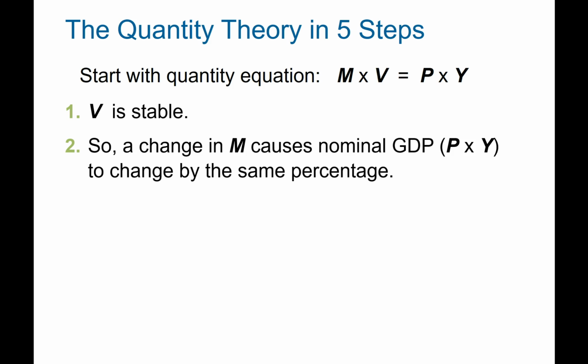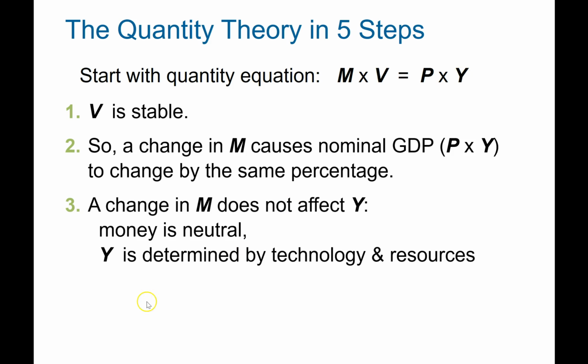So a change in M is going to cause nominal GDP, which is this P times Y portion, to change by the same percentage, right? Because we're going to assume that V is constant. It's not changing. So a change in M is going to change the total value of P times Y by the same percentage. A change in M does not affect Y by itself.